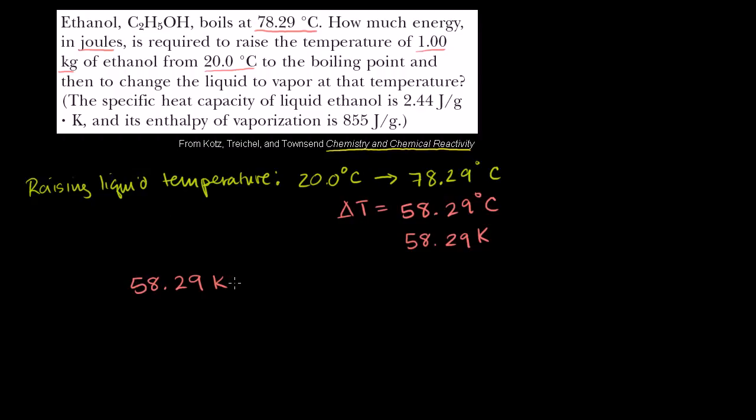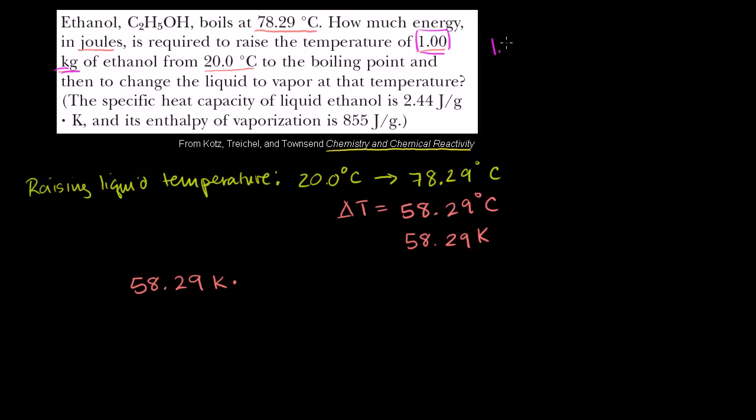Now, how much ethanol are we trying to boil? Well, it tells us right over here that we're dealing with 1 kilogram of ethanol, and everything else they give us is in grams. So 1 kilogram is the same thing as 1,000 grams.